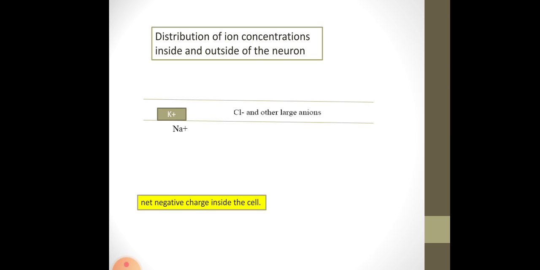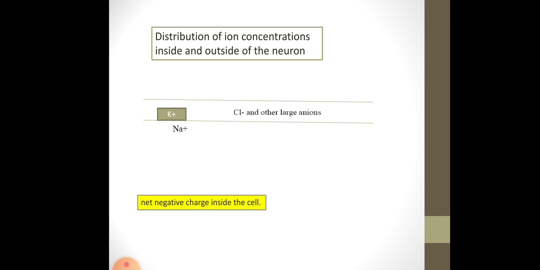So the resting membrane potential is maintained. How is this resting potential maintained? Through the distribution of ion concentration inside and outside the neuron. That is what we should discuss.